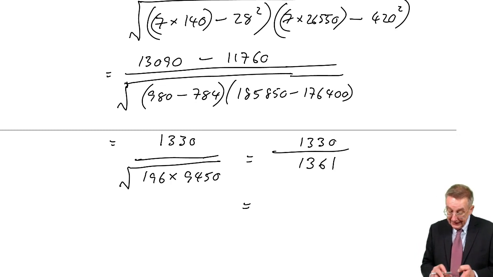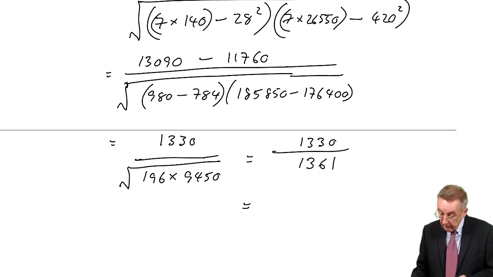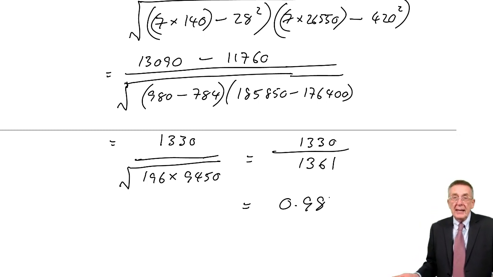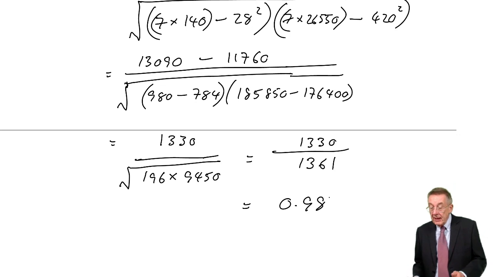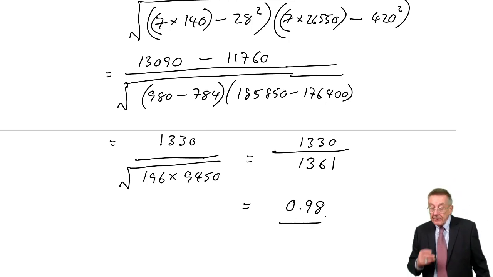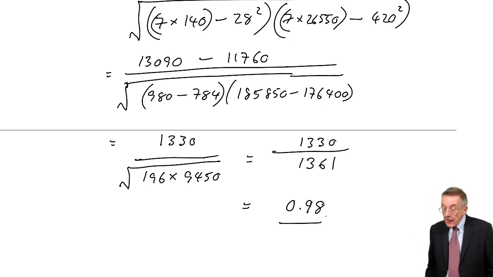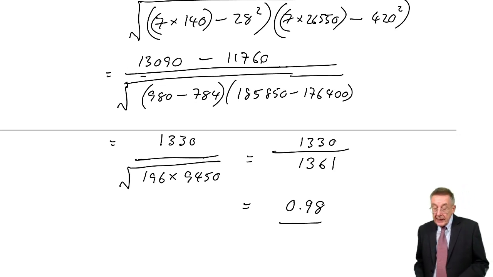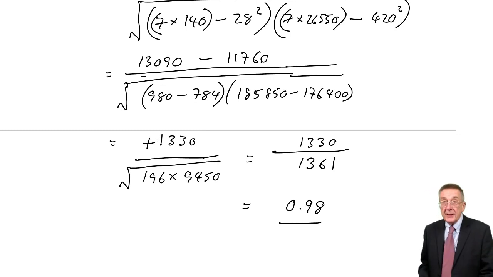So finally, I get 0.98. Normally leave this to 2 decimal places, but I get 0.98. And before I interpret that, one thing rather importantly, the top bit of the numerator of the equation, here 13,090 minus 11,760, was plus 1330.